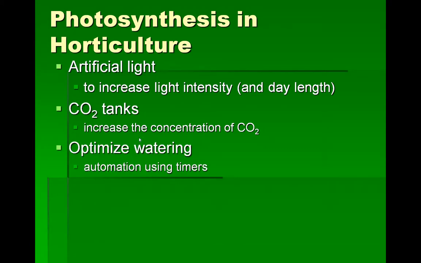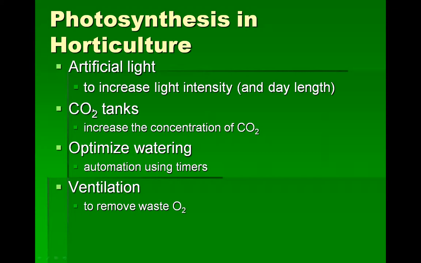You would optimize the watering, something that you would do anyway. You would optimize that using timers and by experimentation, depending on the strain that you're using. And you would also have to optimize your ventilation routine.